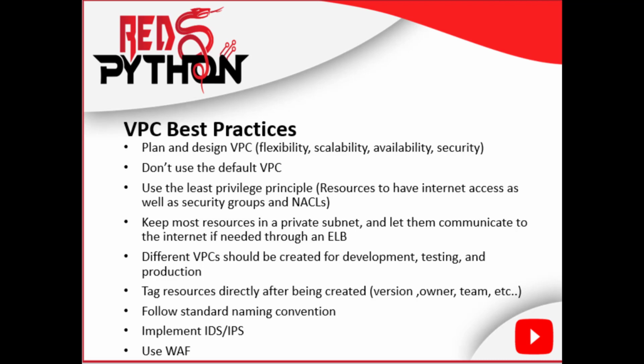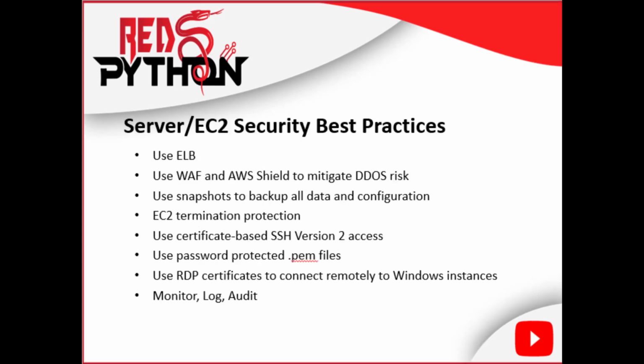Implement IDS, IPS, and deploy a WAF solution to protect your applications. From the EC2 perspective, best practices are to use a load balancer, employ WAF, employ AWS Shield to protect yourself from DDoS attacks, use snapshots to back up all your data and configurations, and enable EC2 termination protection so that it's not terminated by human error or a human mistake.